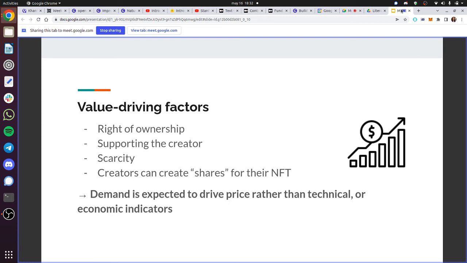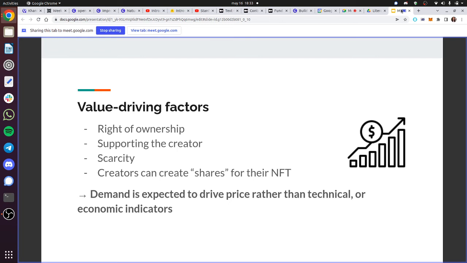Thank you. So first of all, there are different value driving factors for NFTs. Of course, the right of ownership. Every NFT you have is a unique piece, so the user really owns it. So there's not a copy. There's only one original. Of course, it's also supporting the creator. So when you buy an NFT, depending how much, some of the money goes to the creator.